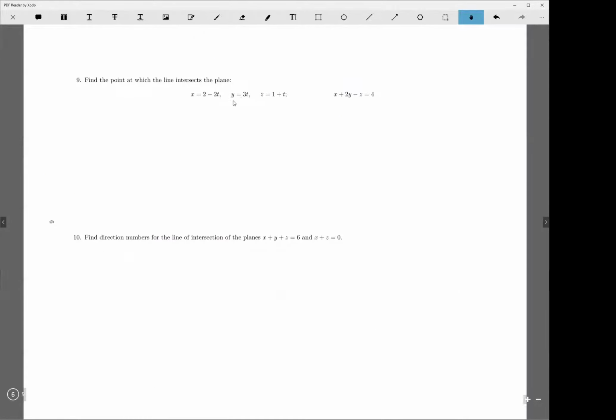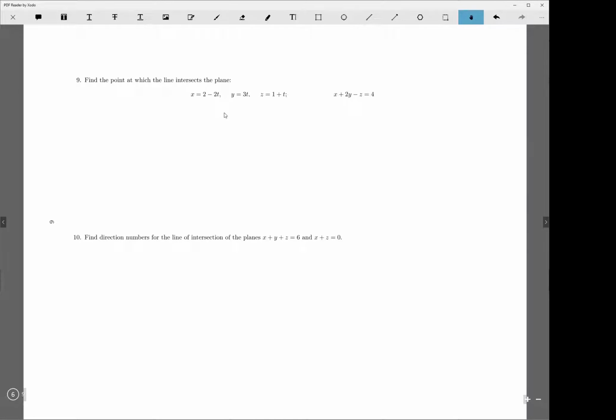And then here's a line. This is the parametric form of the equation of a line. And so they want to know where this line intersects the plane. So it's going to be a line, and then there's a plane, and they could intersect each other. That's usually the case, but sometimes planes don't intersect lines.